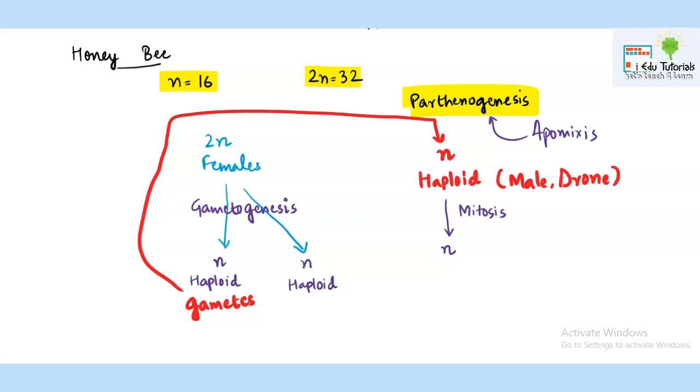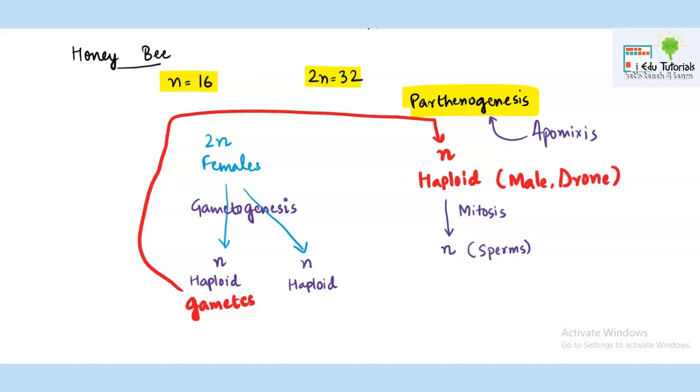Now these drones, because they are the males, by mitosis they will produce the sperms, right? Because they already have chromosome number half in their body. Now half cannot be further halved. This is a rule. One time meiosis happens, next time mitosis will happen to increase or to elevate the number.